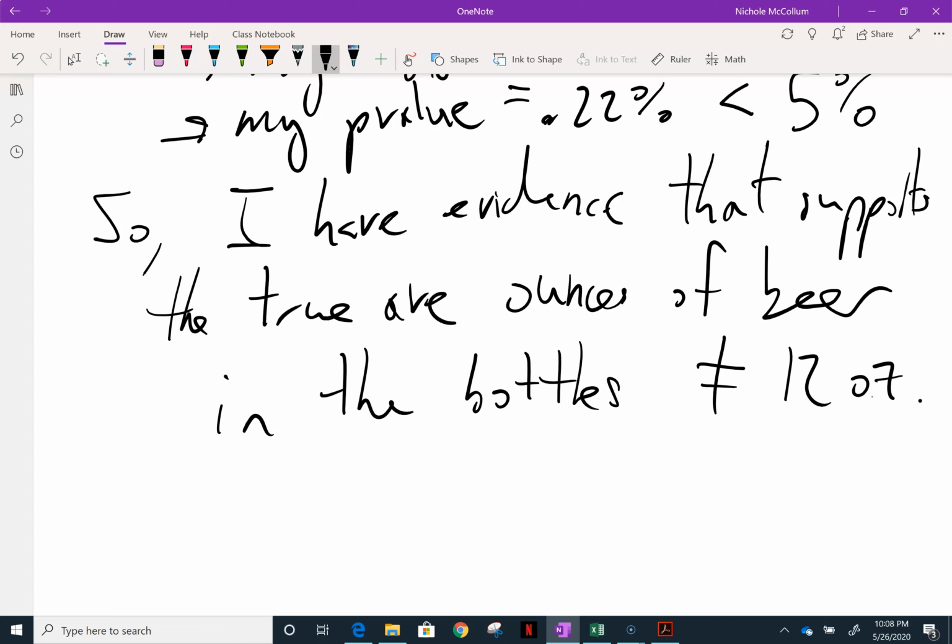So I have evidence that supports the true average ounces of beer in the bottles is not 12 ounces. And that's my report. That is not good.